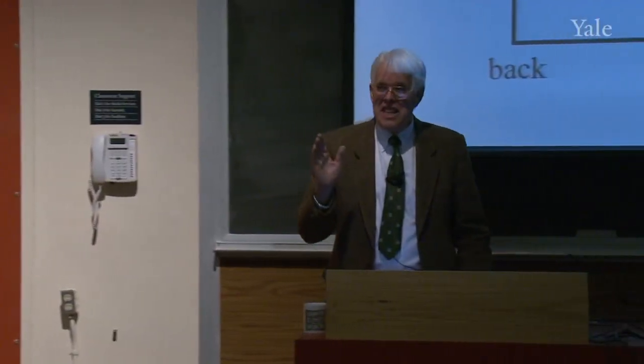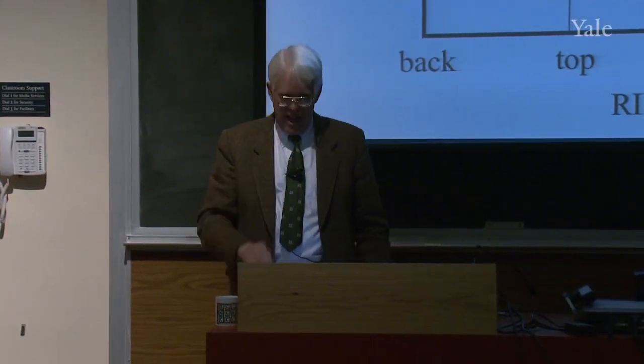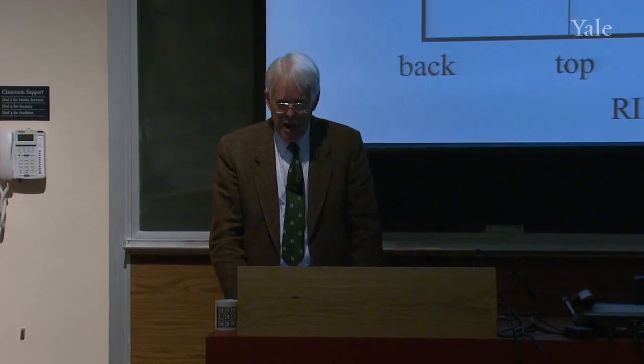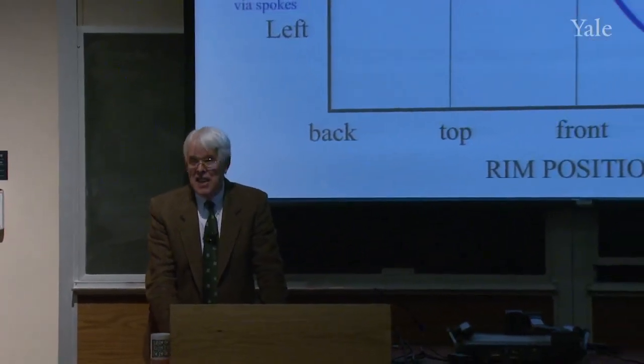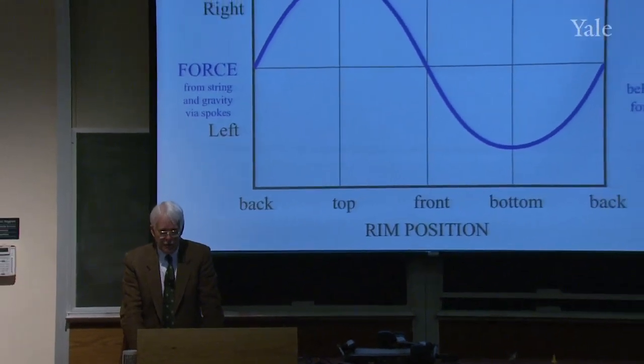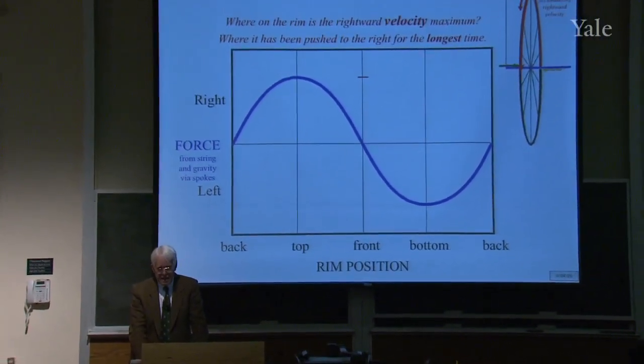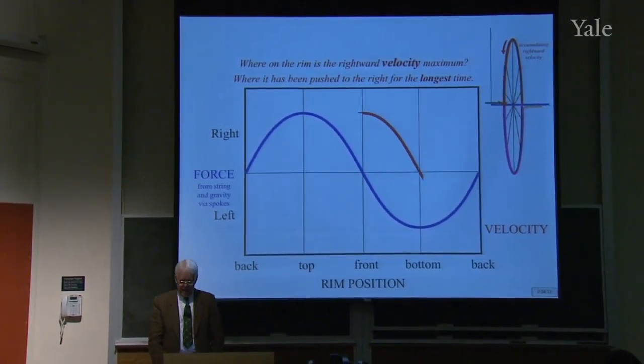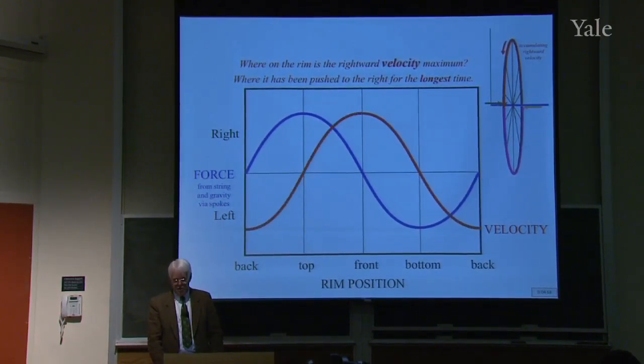To get velocity, you have to integrate force over the time that's involved. So the velocity maximum is going to be 90 degrees after the force is maximum. So it's going to be the maximum velocity to the right when it's in front, right? And as it keeps going, it then slows down, and it has its maximum velocity to the left at the bottom, and then it comes back up. So there's this 90-degree phase lag between the periodic force and the velocity, and that's why it falls around.